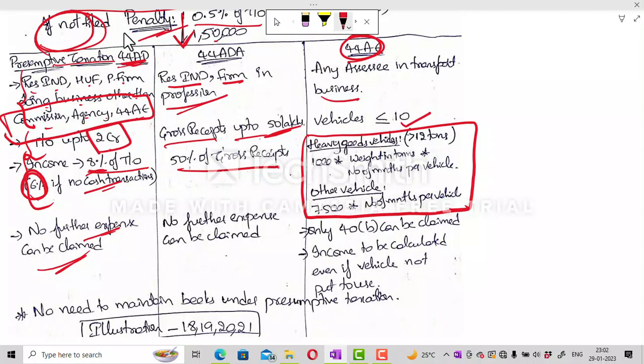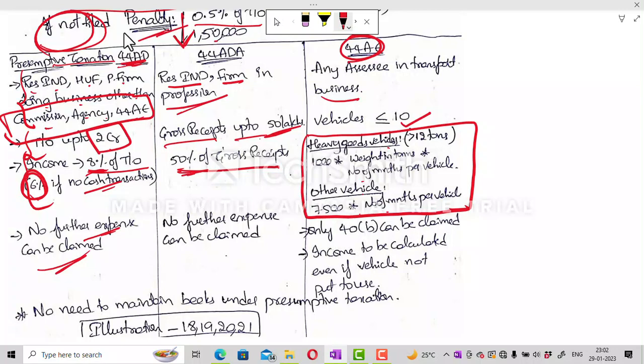See, here it is 8% of turnover, here it is 50% of gross receipts, but here for a heavy goods vehicle it is 1000 into weight of vehicle in tons into number of months per vehicle. For any other vehicle it is 7500 into number of months per vehicle.